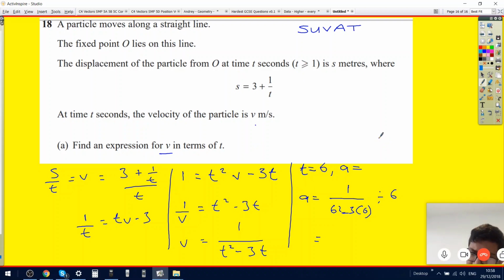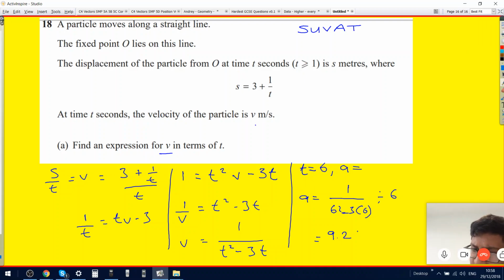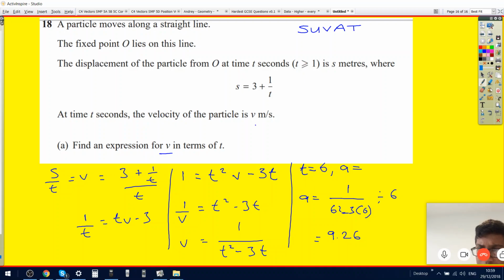This looks really slow, but 9.26 times 10 to the minus 3 meters per second squared. I was dubious about it. Let's see. The particle lies on a straight line, s meters. I just want to see.